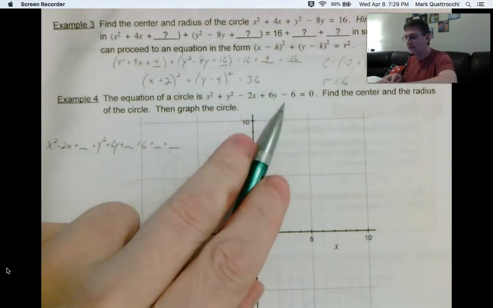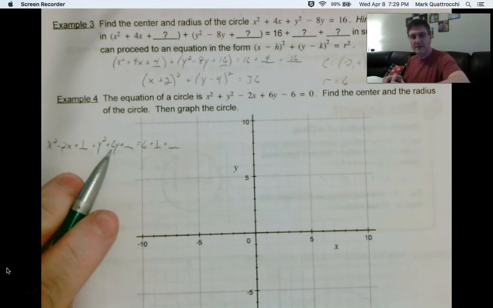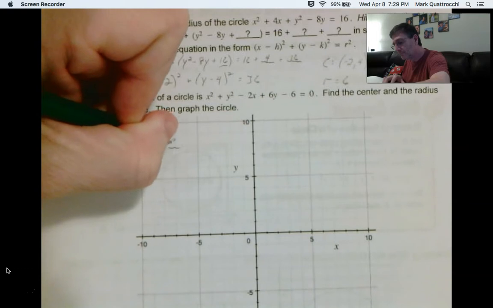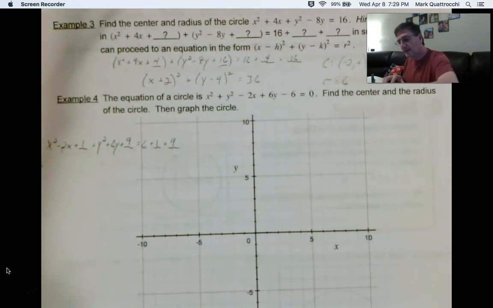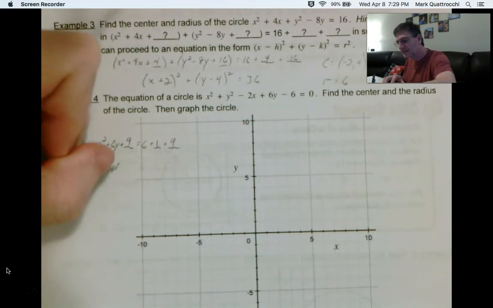I moved the 6 from the left to the right. What am I putting into the blanks? Negative 2 divided by 2 is 1 squared, 1. 6 divided by 2 is 3 squared is 9. Left-hand side becomes x minus 1 squared plus y plus 3 squared equals 16.